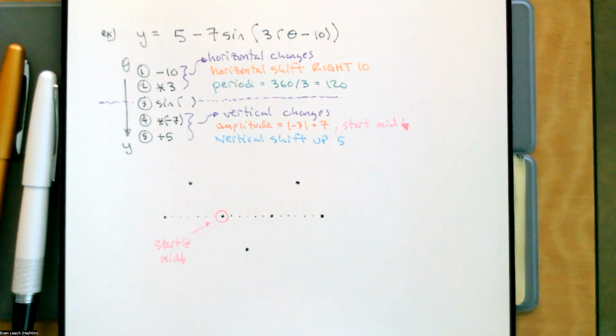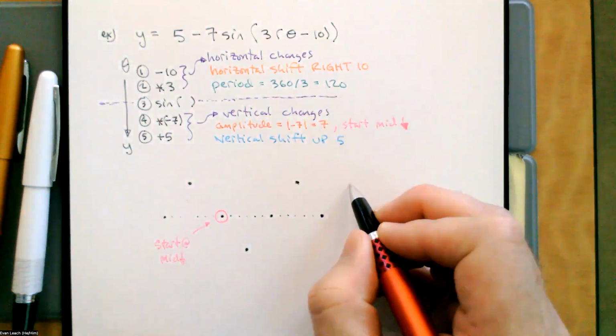All right. Now, let's take care of our vertical stuff. Normally, our middle is at 0. And let's talk about the middle first. Normally, our middle is at 0, and we just do up the amplitude and then down the amplitude. The amplitude is still going to be the same. Our amplitude is still 7.